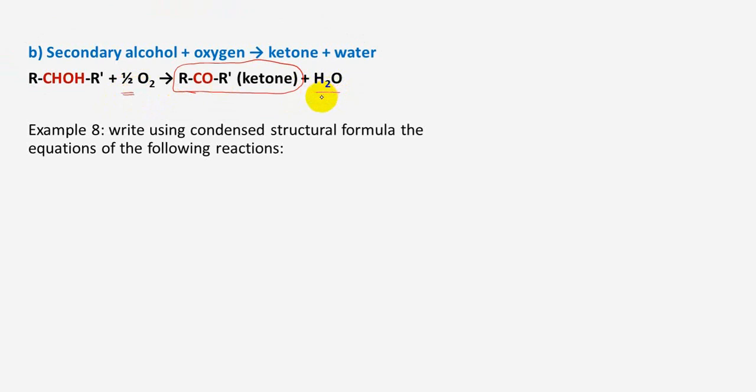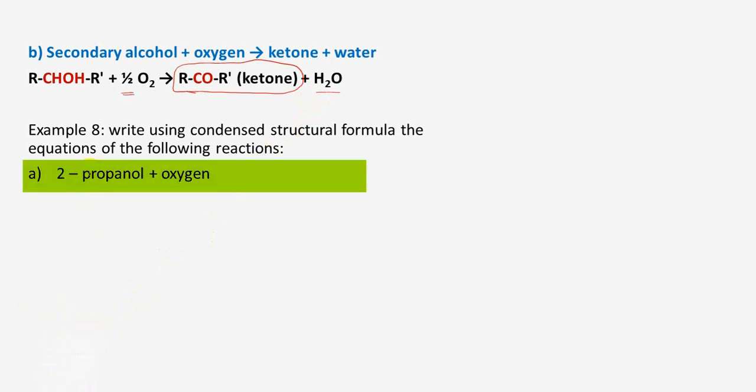Here is an example. Write using the condensed structural formula the equation of the following reaction. We have 2-propanol with oxygen. If I want to write the equation of this reaction, I write the condensed structural formula of 2-propanol: CH3, then CH with the OH group on position number 2, then CH3.